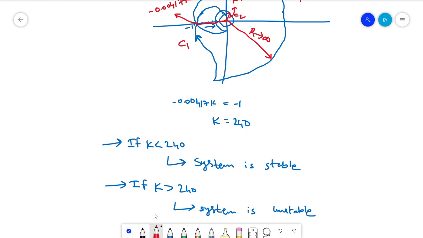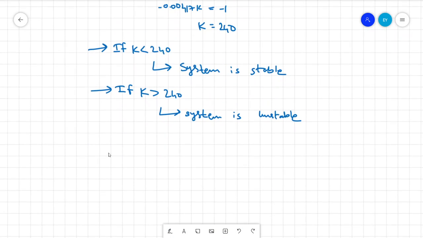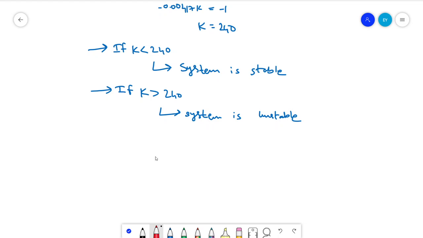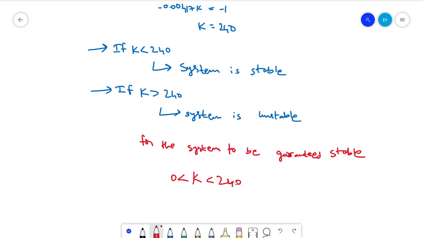Beyond that, the system will be unstable. Now, for the system to be guaranteed stable, K will be selected as 0 < K < 240. So this is the range of K to be selected for this particular problem.